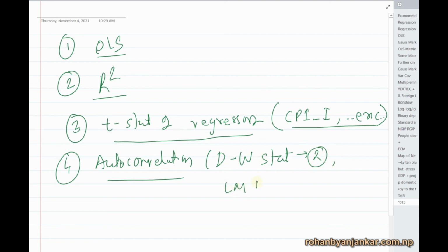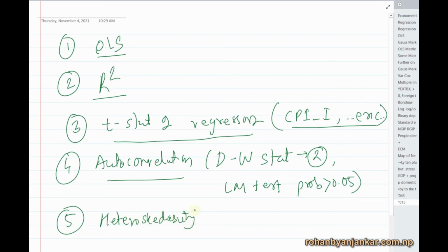And we check the LM test; probability must be greater than 0.05. And fifth, we check for heteroscedasticity, and for this we checked BPG test, and its result is probability greater than 0.05, means that there is no heteroscedasticity.